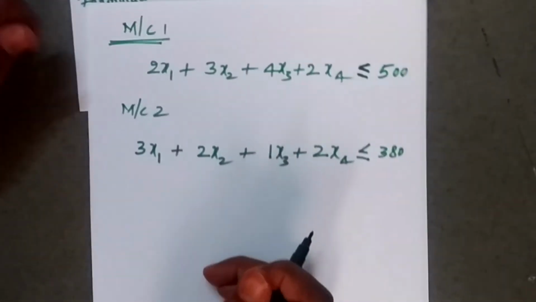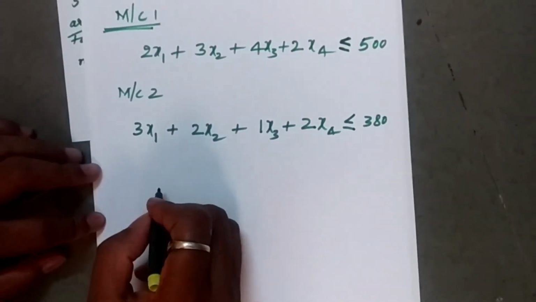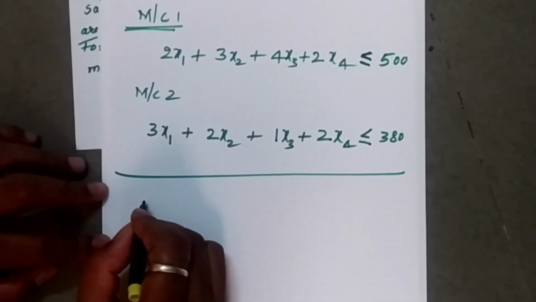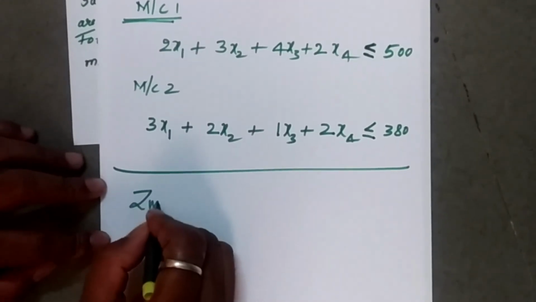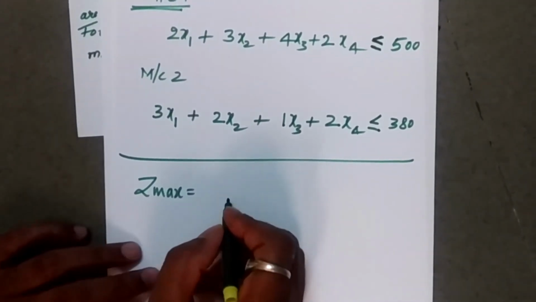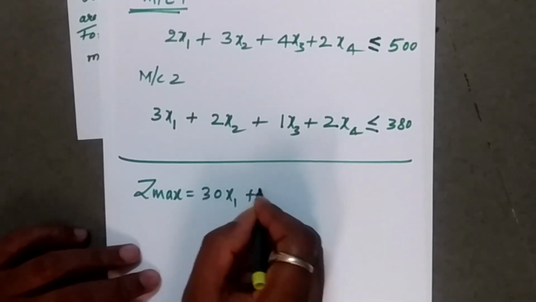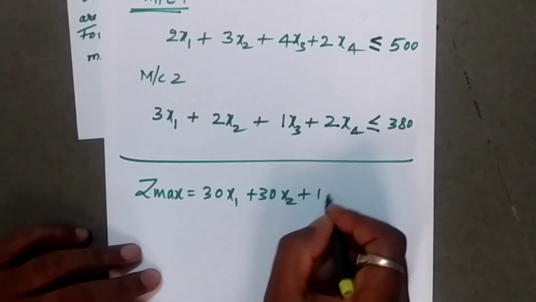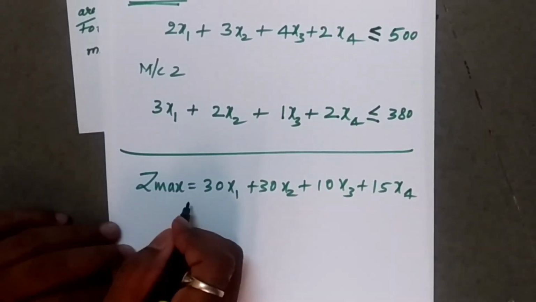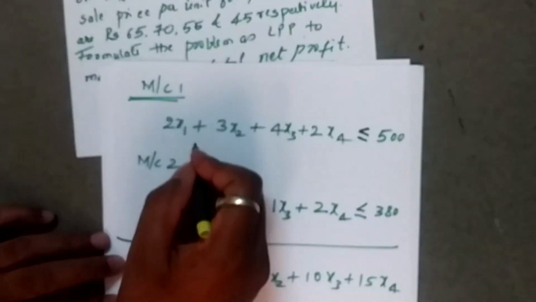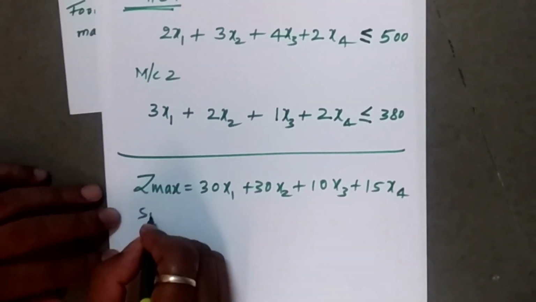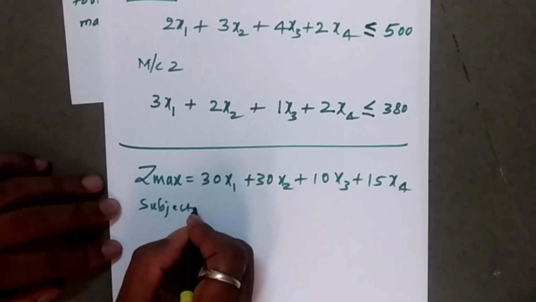So finally, after considering all this, let us write the final formulation. First we should always write the objective function. My objective function will be the profit equation. The profit equation we already calculated, I'll rewrite this. And in order to achieve this profit, there are conditions on machines. These are the constraints, subject to constraints.